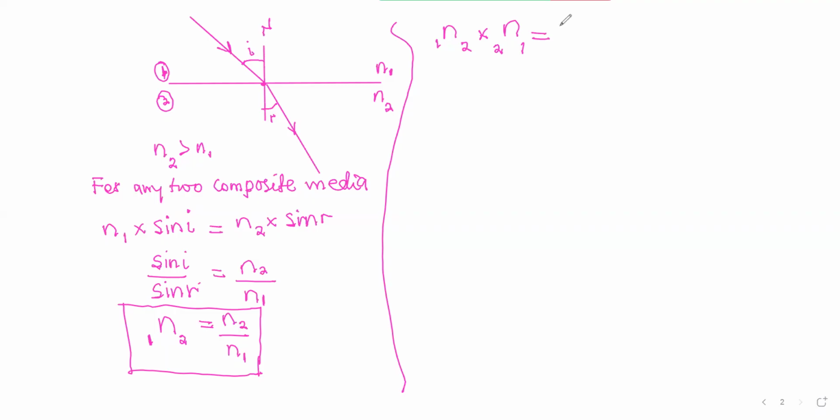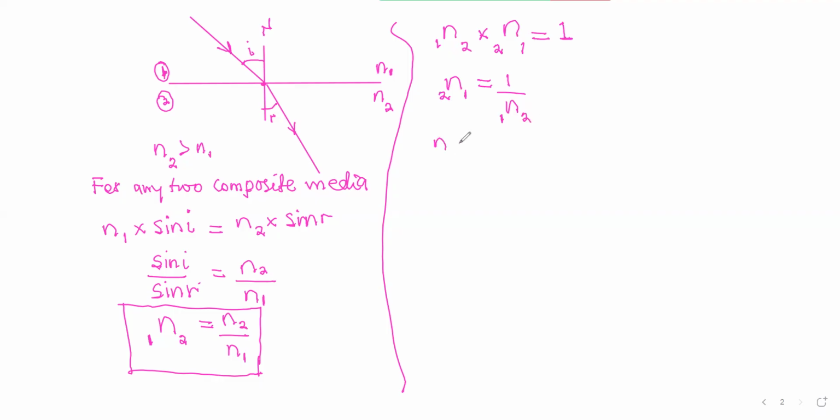Class, this product is equal to 1. Meaning that whenever I'm looking for the reverse refractive index, it must be equal to 1 over the absolute refractive index of a material.